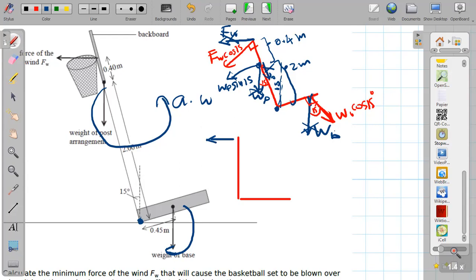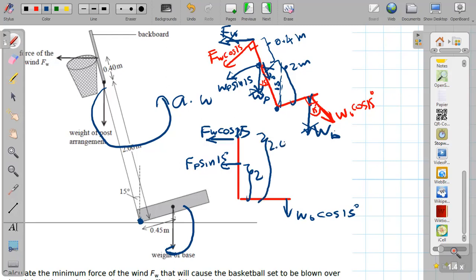One is what? FW cos 15. Right? The other one is WB cos 15. The other one is what here? WP sine 15. And the distances we know, like 2. From here, it is like 2.4 now.